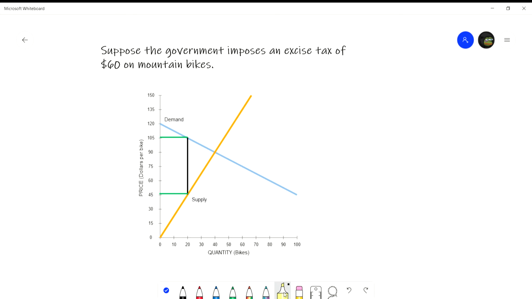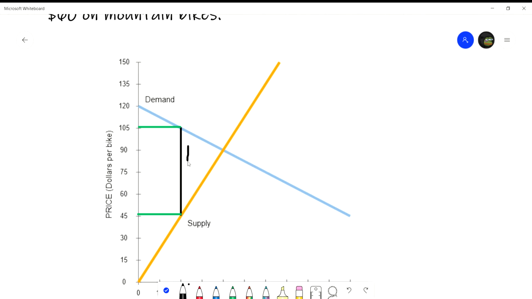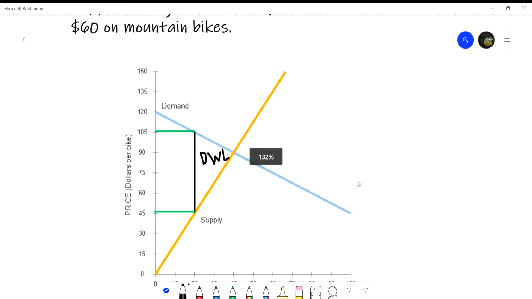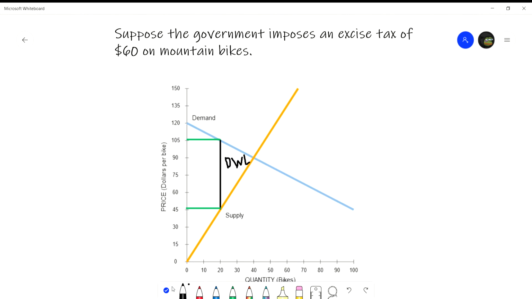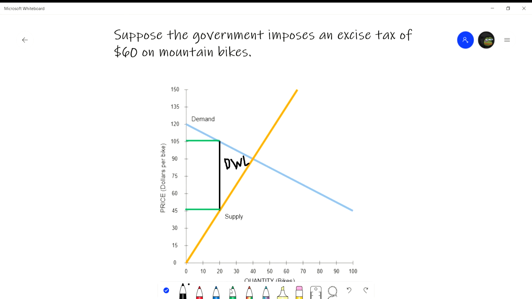And then what we're going to want to do is look at what area is what. So if we zoom in here a little bit, this is going to be our deadweight loss, because remember, deadweight loss is any transactions that would have taken place at the original equilibrium point of $40 and 90 bikes, or 40 bikes and $90 here.